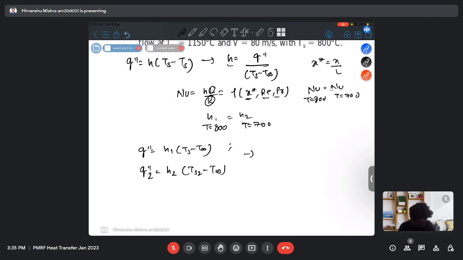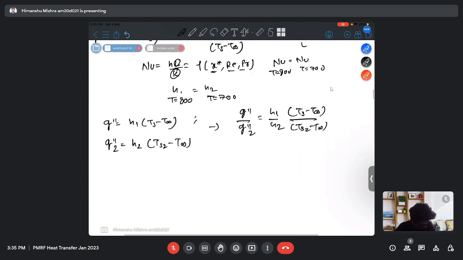Now I take the ratio of these two heat transfers. Since my heat transfer coefficients are same, this will vanish.